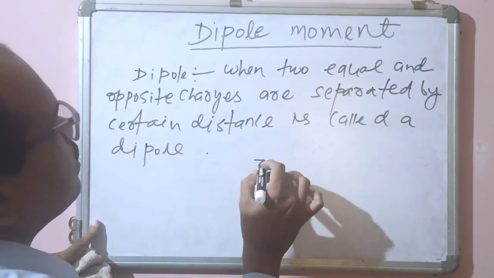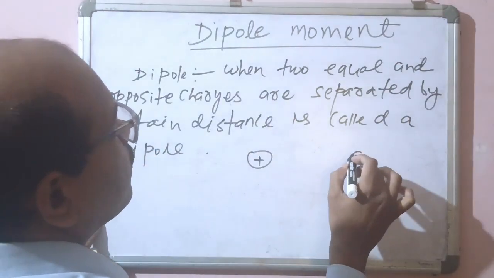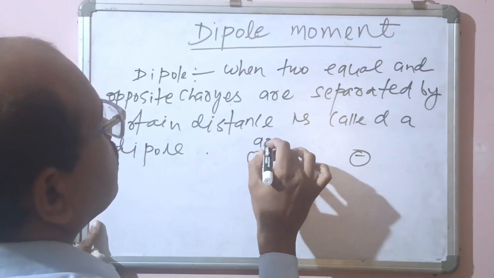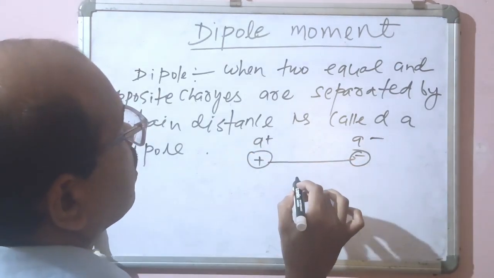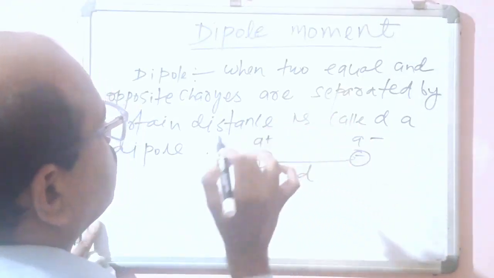That is, this is the positive charge and this is the negative charge. This is Q plus, this is Q minus. Two equal and opposite charges, and this is their distance d, and that is called a dipole.